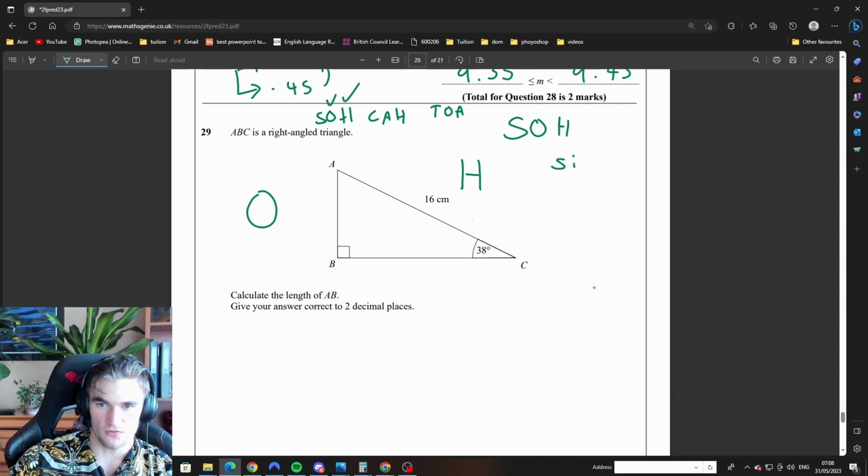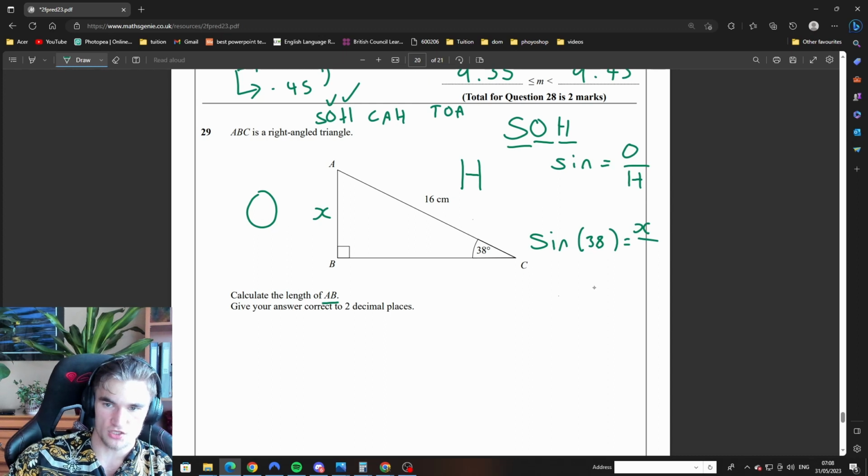So I know that the formula for SOH is sin equals O divided by H. Okay? So now I'll just plug in some numbers. Obviously the angle has to go with sin, so it's going to be sin 38, and that equals the opposite. That's actually what I'm looking for in this question, so I'll just put x. And I know that h is 16.